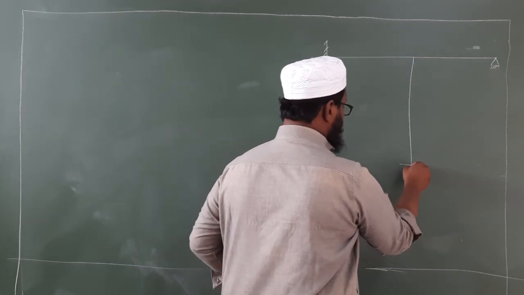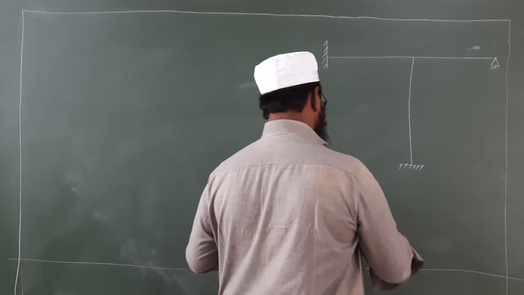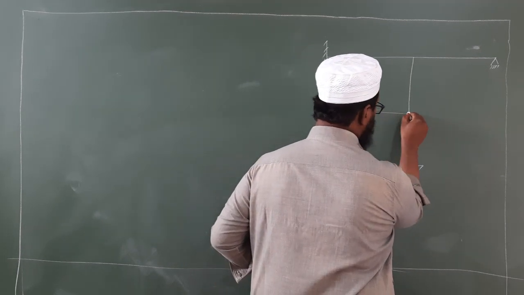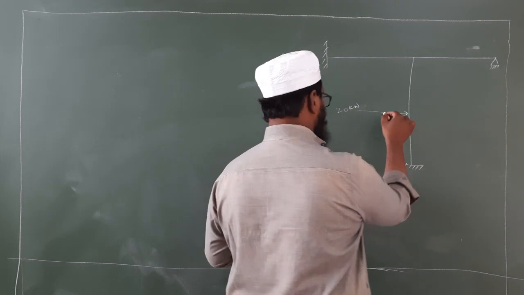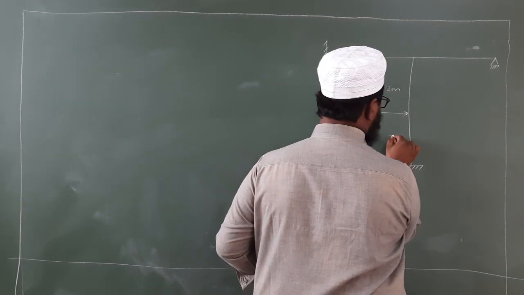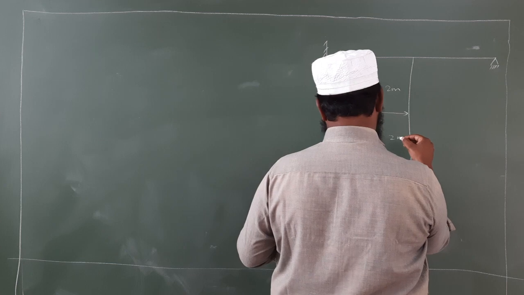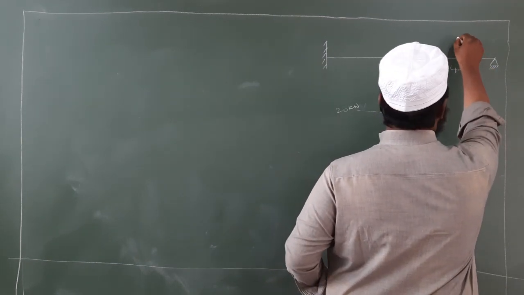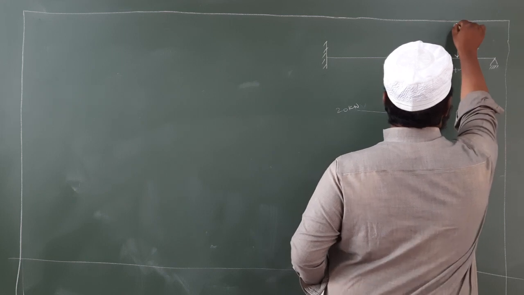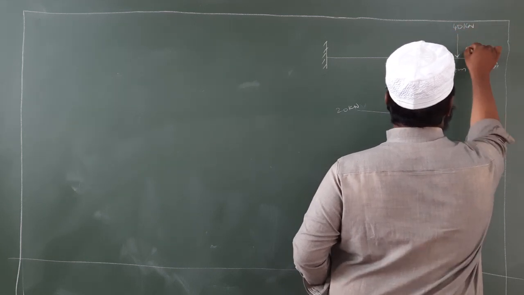This was the frame which we have studied in the last class. Two meter, and this is 4 meter. We have a central point load of 40 kilonewton.